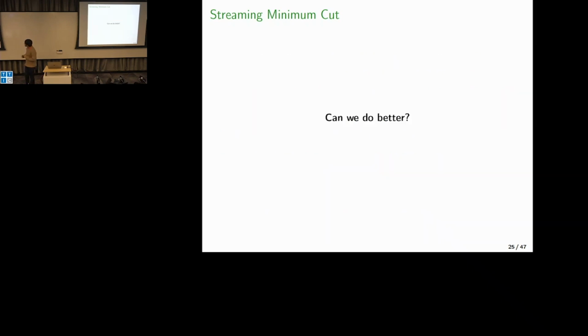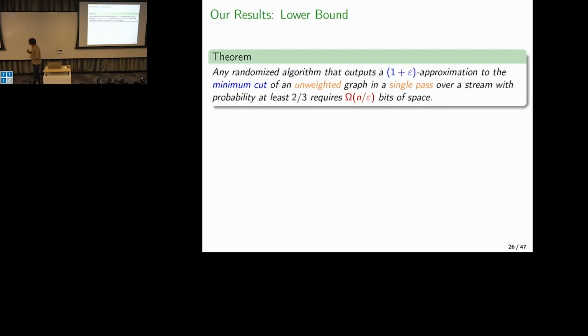So the question is, can you do better for min cut? And it turns out that no, you can't. We also show that there is a lower bound of n over epsilon bits for solving 1 plus epsilon approximate min cut, and this is on unweighted graphs even. So we don't need weighted graphs for the lower bound. This resolves the complexity of min cut up to polylog factors.